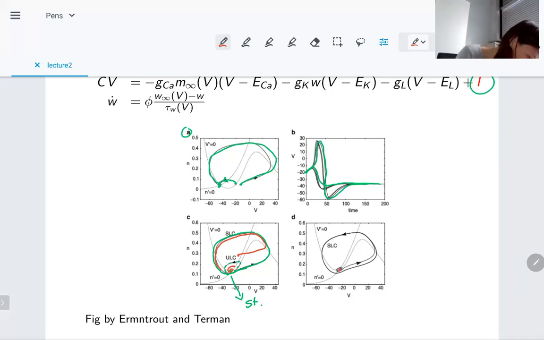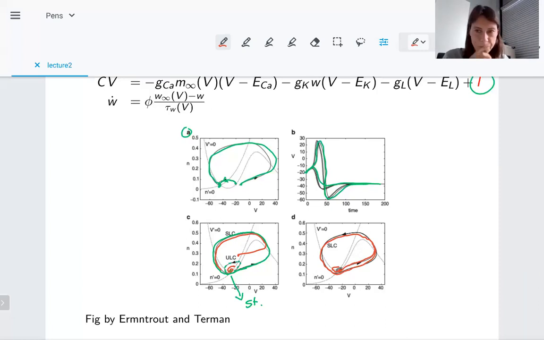So now the equilibrium point is unstable, so the trajectories nearby move away from it. And what we still have is the stable periodic orbit outside. So if we start with a trajectory, this trajectory moves away from the equilibrium point and approaches the stable periodic orbit that is outside.